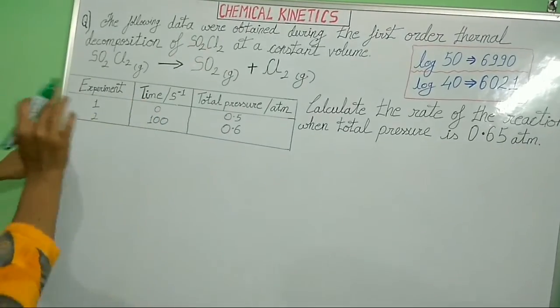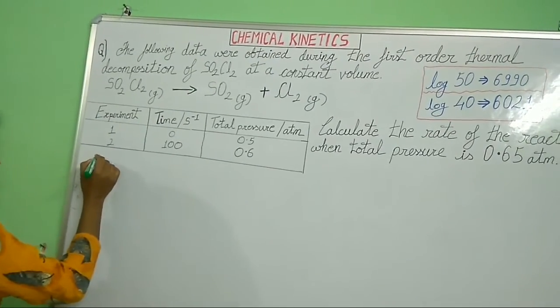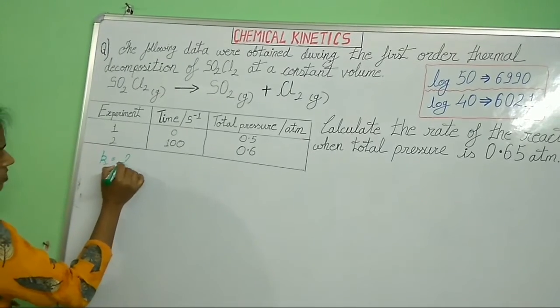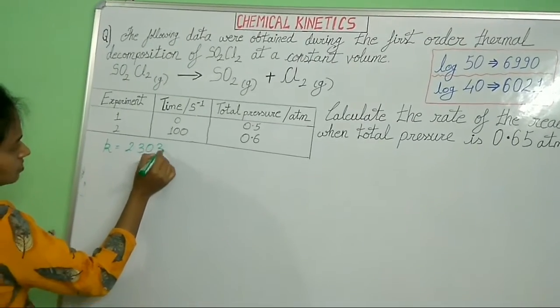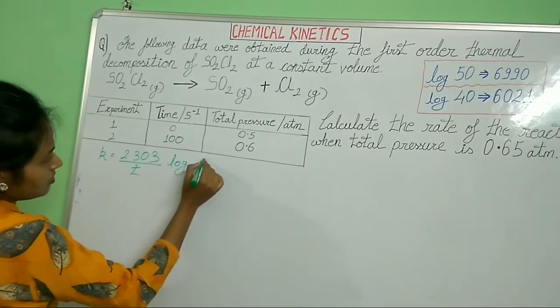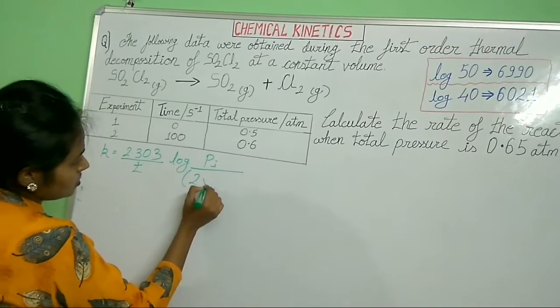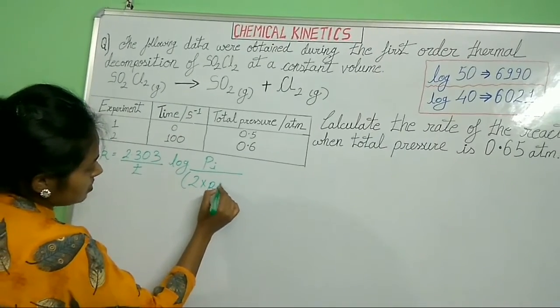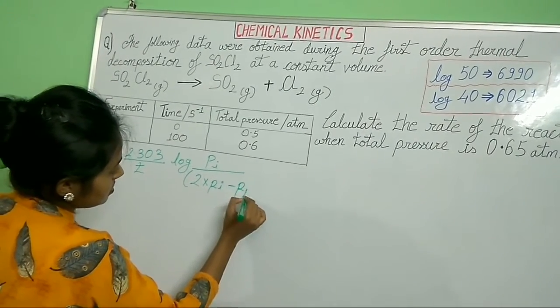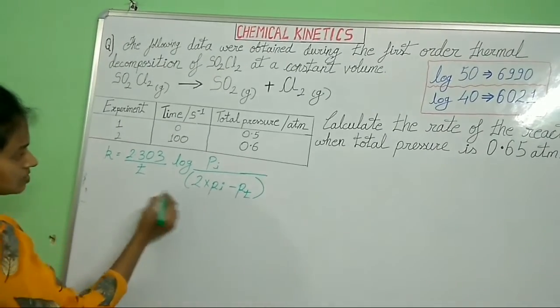Now, whenever gas is present, what is the formula applied for first order reaction? That is K equal to 2.303 by T log Pi, means initial pressure, divided by 2 into Pi minus Pt, total pressure, right? This is the equation.